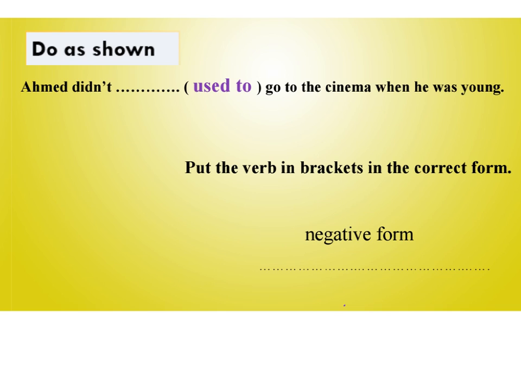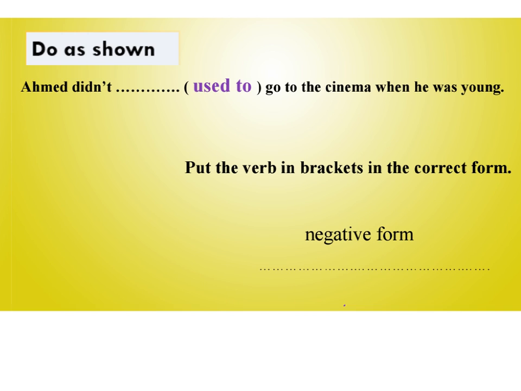Read the questions carefully, stop the video, and think of the answer. Ahmed didn't go to the cinema when he was young. How do we use used to in the negative form?